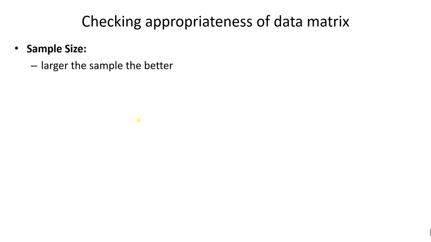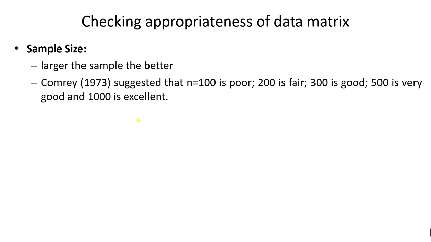There is no one simple answer that I am going to suggest, and there is no simple answer in the literature. For example, Comrey suggested that if you are doing factor analysis on 100 participants, it is a very poor sample, not good for factor analysis. If you are doing on 200, it is fair, 300 is good, 500 is very good, and 1000 excellent.